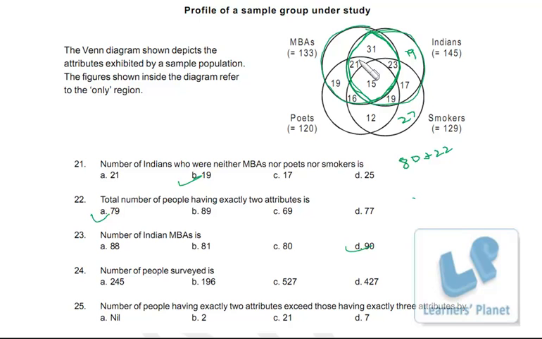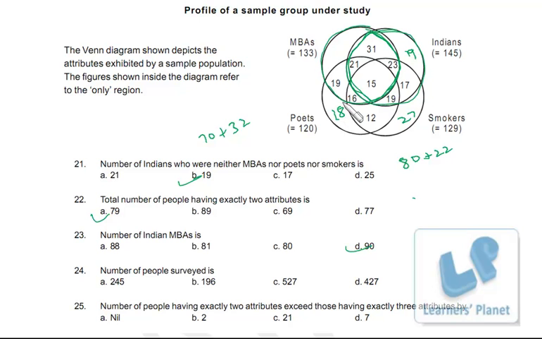Okay. Similarly, the total of this should be 120. So 70 plus 10 and 5, 15 and 9, 24, 26 and 6, 32. So 102, so that must be 18. Okay.